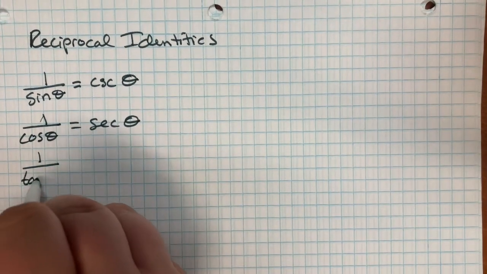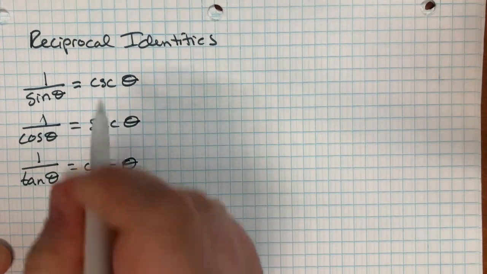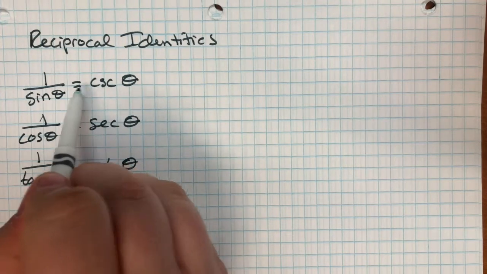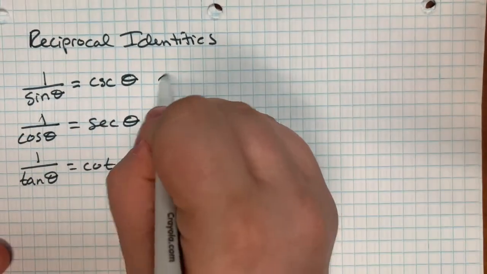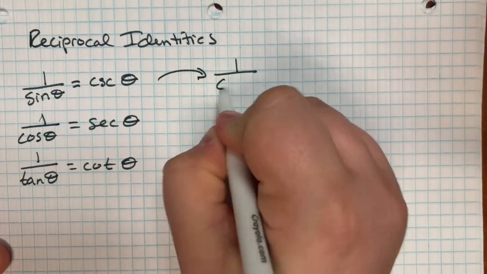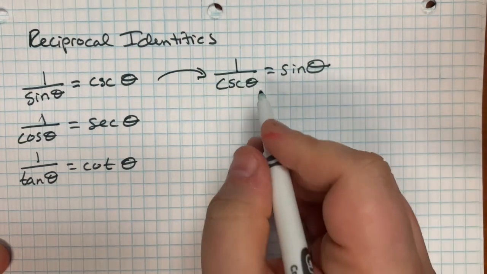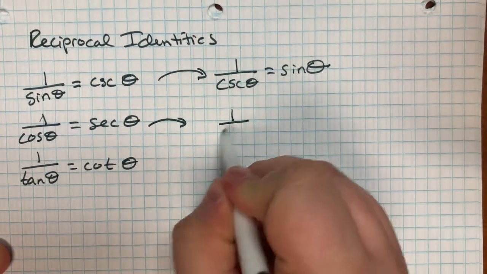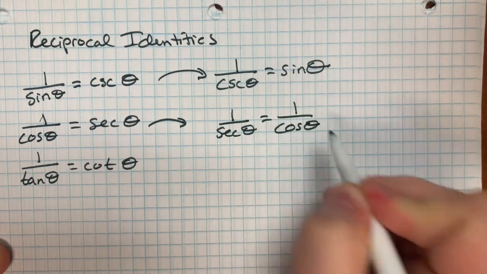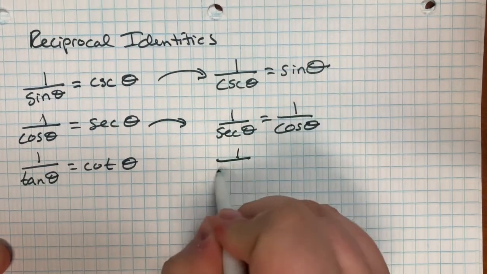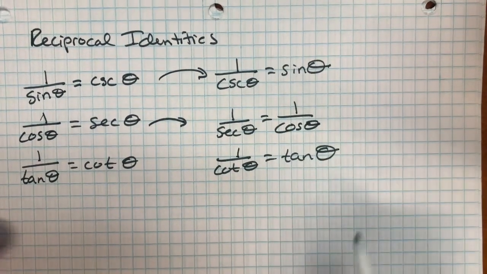And 1 over tangent of theta is cotangent of theta. Now we could multiply both sides by sine to cancel that and divide both sides by cosecant to get the related 1 over cosecant theta is sine of theta. And the same process here, 1 over secant of theta is cosine of theta. And 1 over cotangent of theta is tangent of theta.